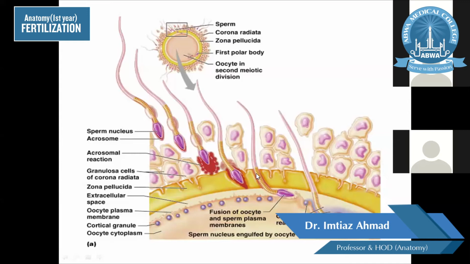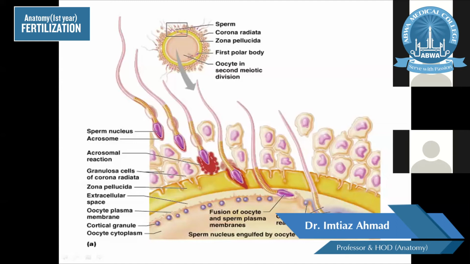After that the sperm contents enter through the plasma membrane of the oocyte, and finally enter the cytoplasm of the oocyte.